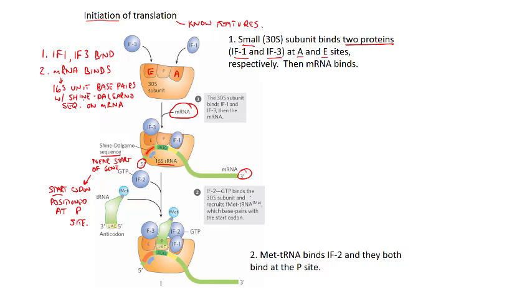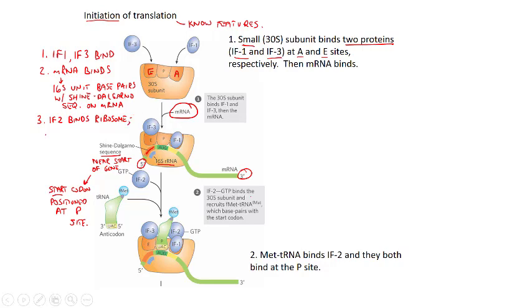All right, so once we have this mRNA bound with the start codon at the P site, what happens next? What happens next is this. We have a third initiation factor, IF2. It binds to the ribosome.